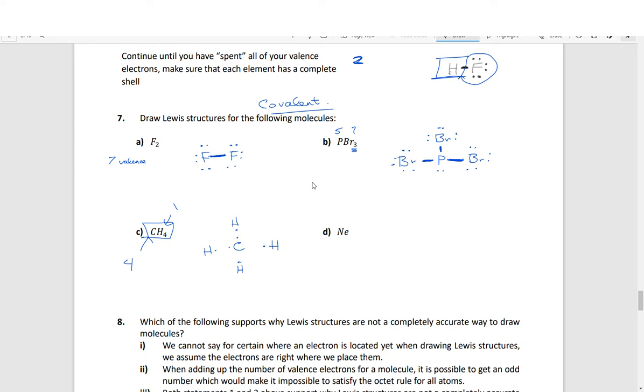And carbon has 4, and that becomes the bond here. Those ones are shared. Okay, neon. It's just done. There's no Lewis dot structure. I guess it's debatable whether you put all 8 around or none around. I think the better answer would be to put all 8 around, and it's not going to bond with anything.